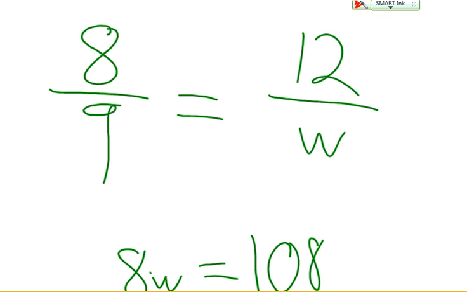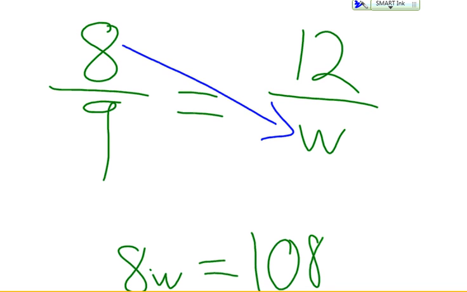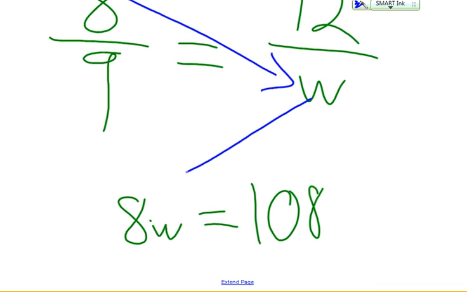Now, sometimes cross multiplication can help us solve for unknowns also. You can look at this problem where 8 becomes 12. Well, what times 8 equals 12? There isn't a clean, easy answer there. So instead, we can use cross multiplication. We take the 8 times the w, which gives us 8w. Then if I take the 9 times the 12, cross multiplying that way, I get 108.